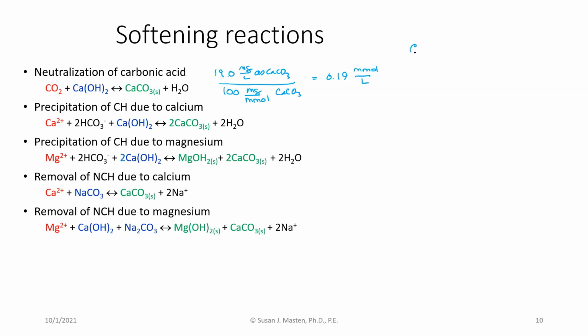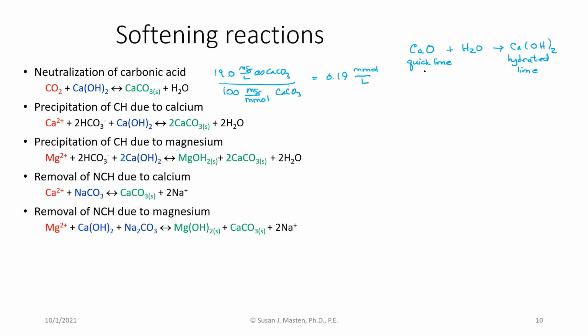Typically, we add lime as calcium oxide. This is quicklime. It is more stable than hydrated lime, but when we add it to water, it produces hydrated lime. The problem is that hydrated lime actually absorbs CO2.